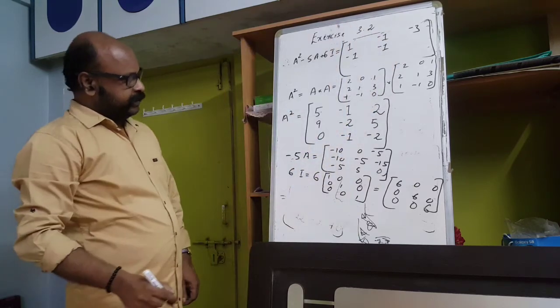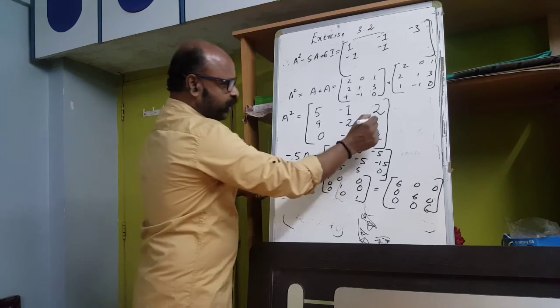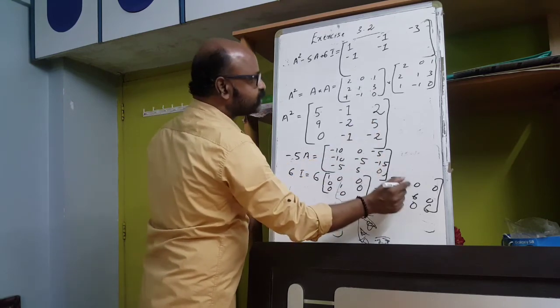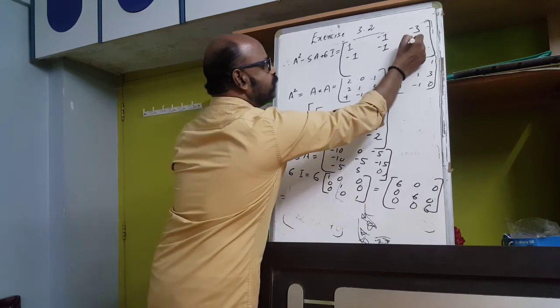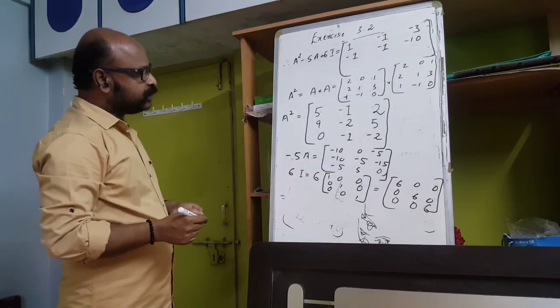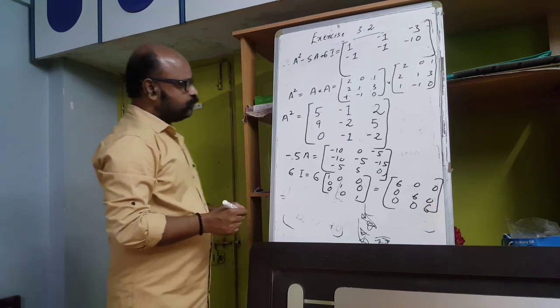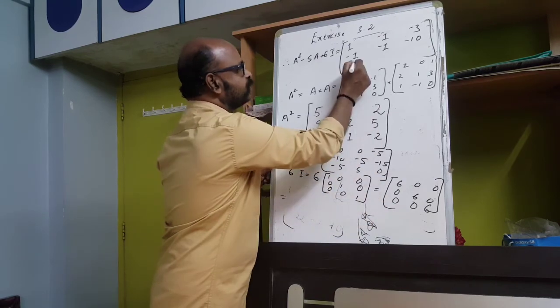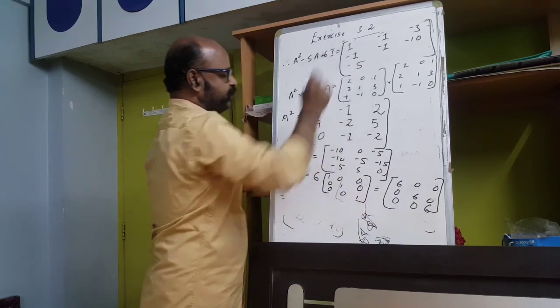Okay, then 5 plus minus 15, how much? Minus 10 plus 0, that is going to be minus 10. Then third row, 0 plus minus 5, minus 5 plus 0, that is going to be minus 5.